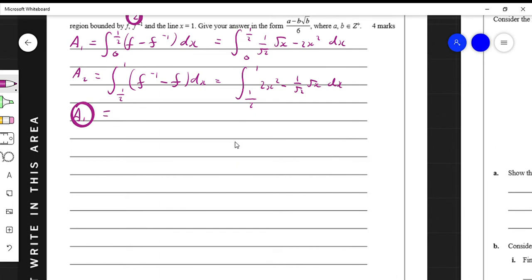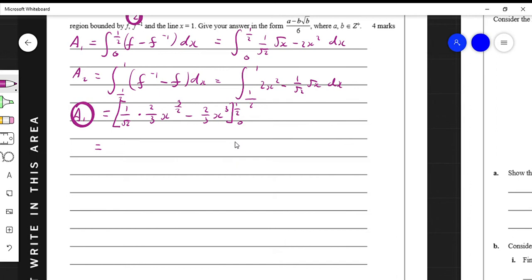So the 1 on root 2 factor stays. We're raising the power from 1/2 to 3/2, so we divide by 3/2, which is 2/3 times x to the power of 3/2, minus, raise it to the power of 3, divide by 3, so 2/3 x to the power of 3, and this is from 0 to 1/2. Okay, so substitute in.